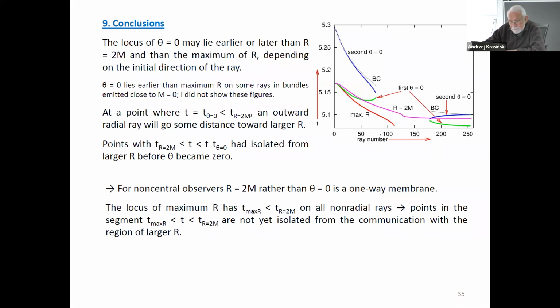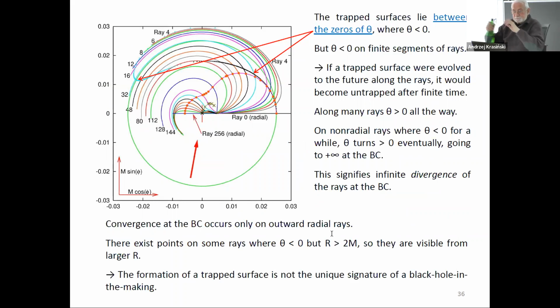And this locus of maximum R is always earlier than R equal to M, so points between them are not yet isolated from communication with the region of larger R.